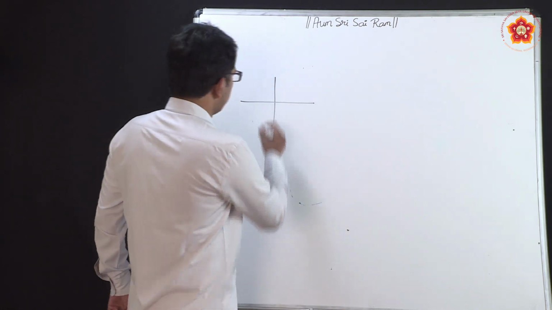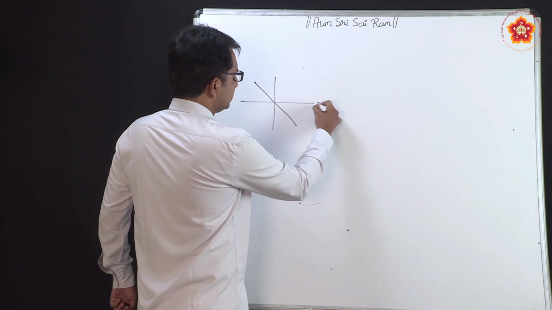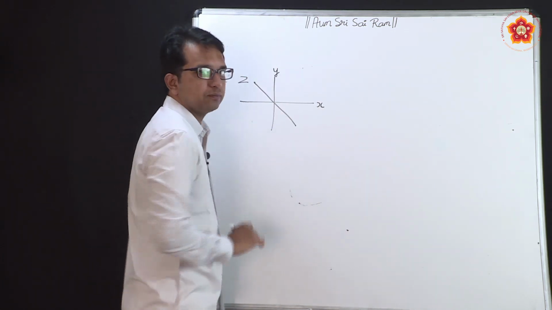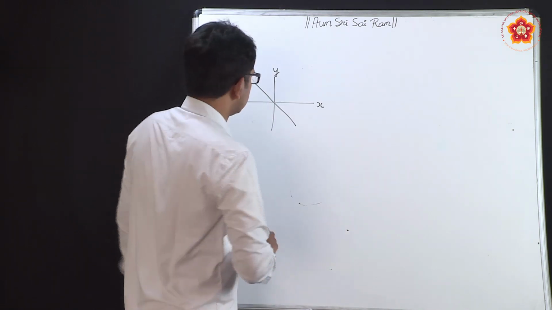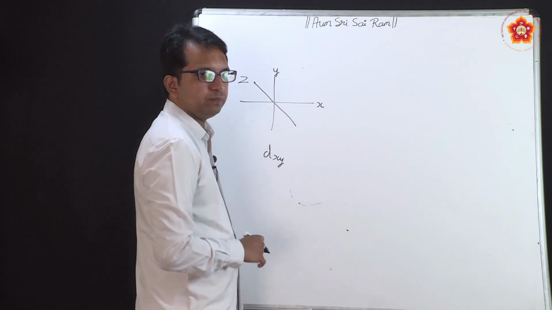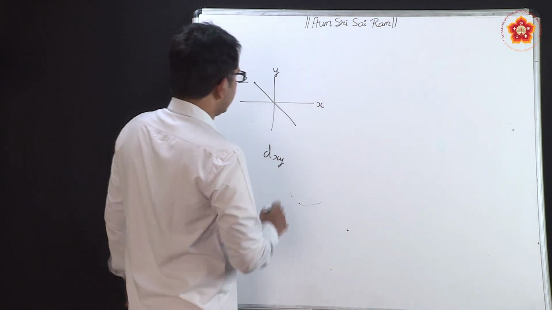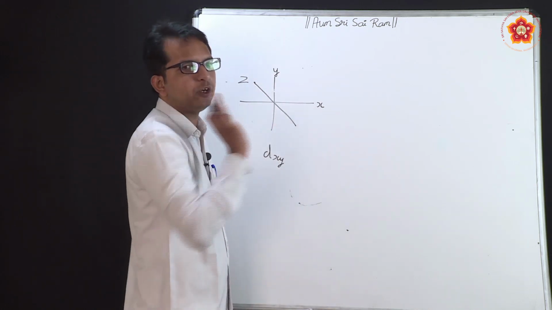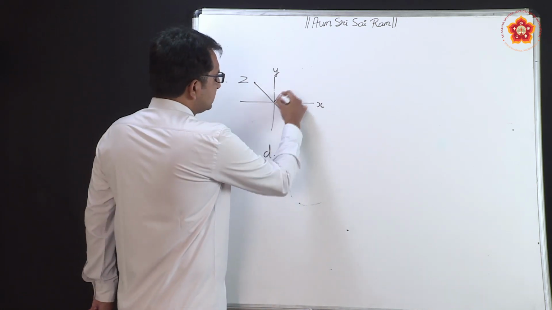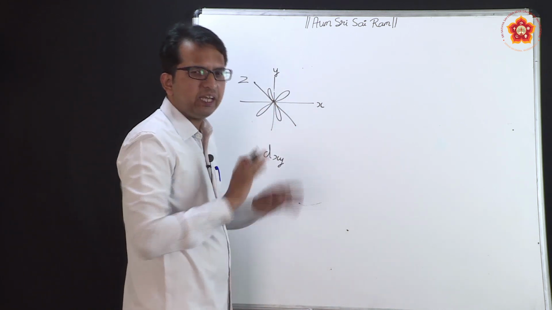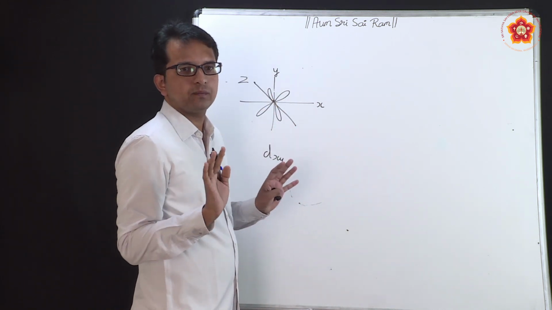Suppose I consider this as the x axis, this as y, and this as z axis. Now, when I consider such a system and write the dxy orbital, what does dxy indicate? It indicates that the orbitals are between x and y. It may be on z, but the presence of the orbitals should be shown something like this, anywhere between x and y.